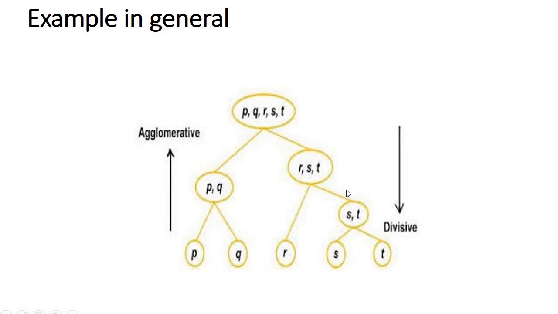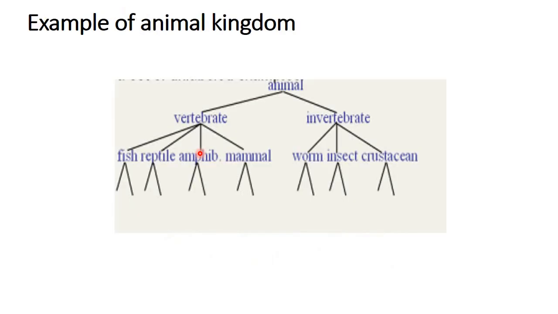Here S and T are more similar, and then we once again find the similarity of this cluster with the rest of the data objects or rest of the clusters, and we find that R, S, T are more similar. We form that cluster, and then finally we get the overall cluster here. If you go from bottom to up, it is said to be agglomerative, and if I come from top to bottom, it is said to be a divisive approach.